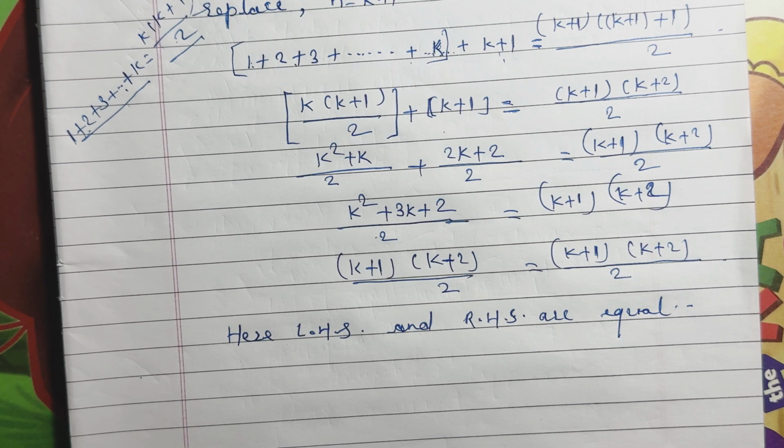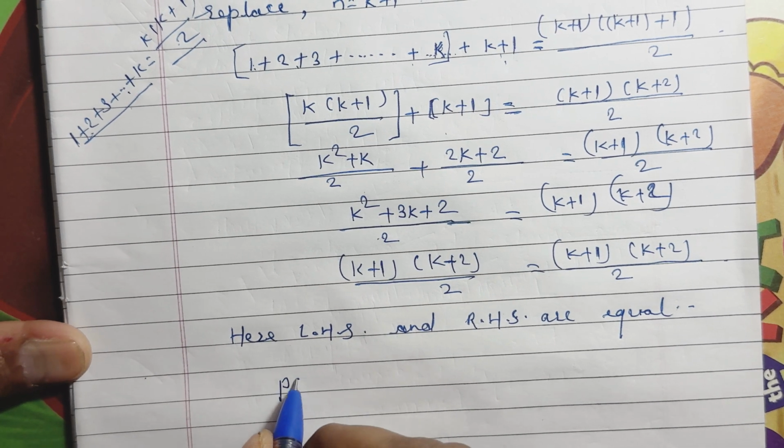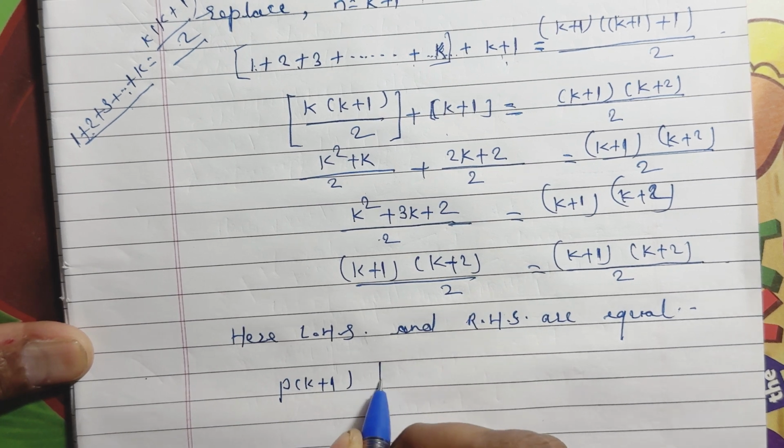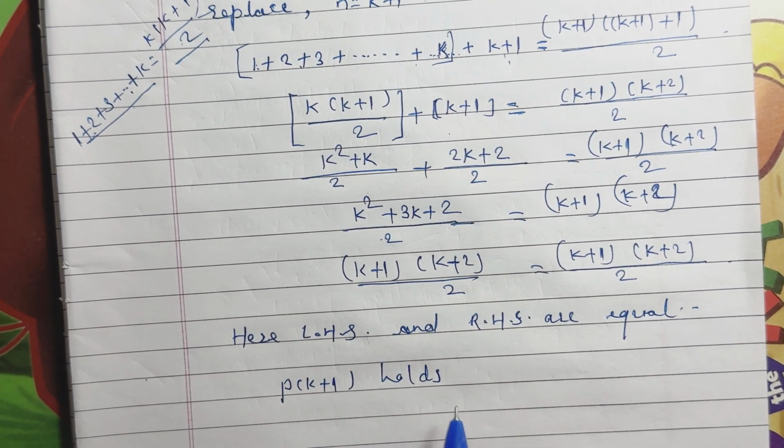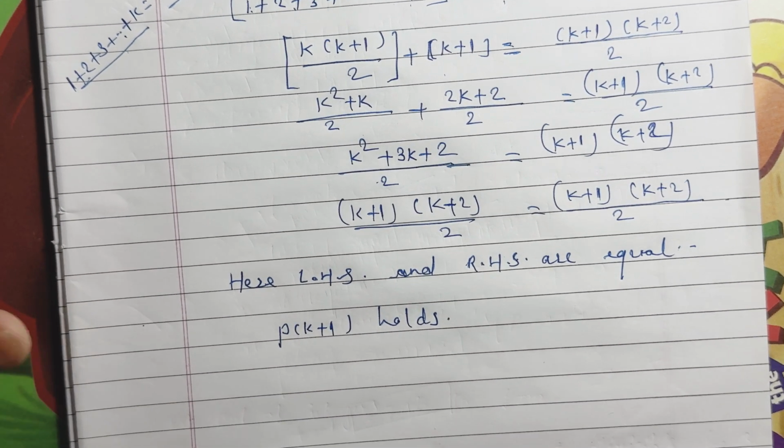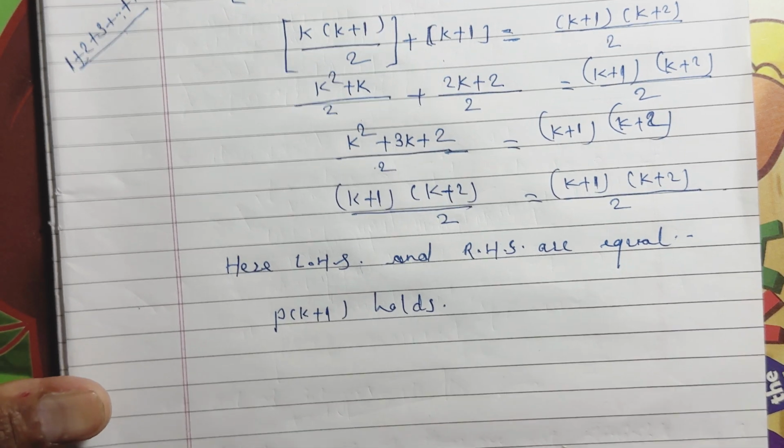Whenever left hand side and right hand side are equal, then we say that our assumption for p of k holds, and then p of k plus 1 holds by assuming p of k. Now we have the last step remaining after succession, induction.